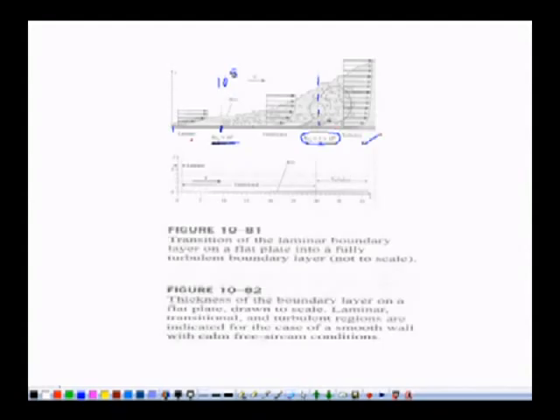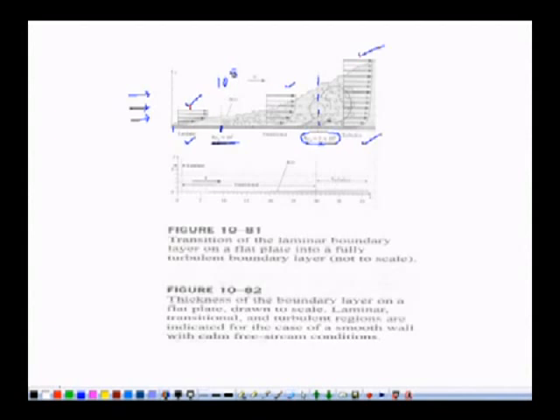So we have three types of boundary layer for the same upstream velocity. Initially in a very small zone we have laminar boundary layer, then transitional, then turbulent boundary layer. Now you can visualize the velocity profiles in these three types of boundary layers.